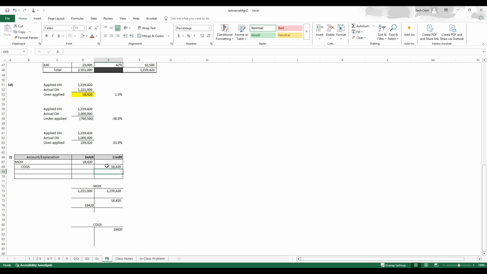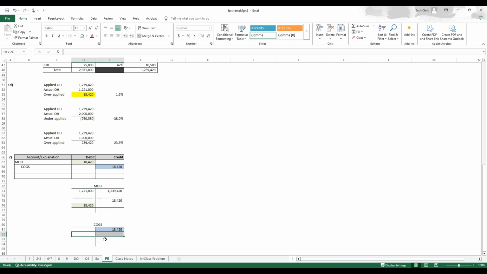I'll just do this for us to be able to see 18,420. That's that. And this credit to cost of goods sold is the credit to cost of goods sold there. And we don't need the totals or anything.